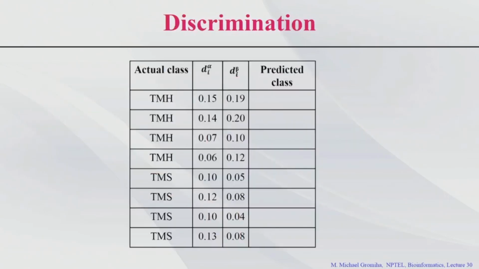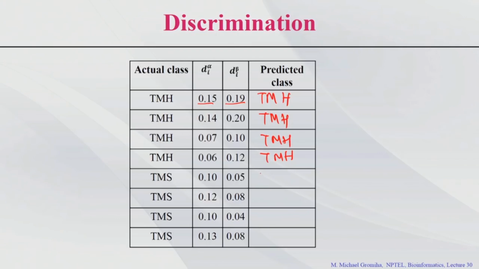For example, if these are the values, the actual class is alpha, and the distances are 0.15 and 0.19. So, what is the predicted class? TMH. Second one? TMH. Third one? TMH. Fourth one? TMH.